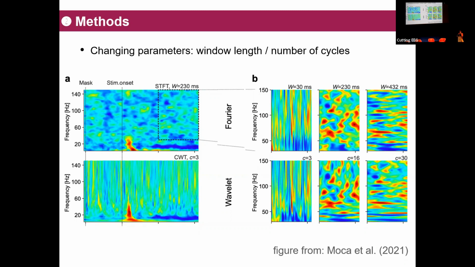So again, it depends on your goal in the analysis, what kind of parameters would be important to choose for you.